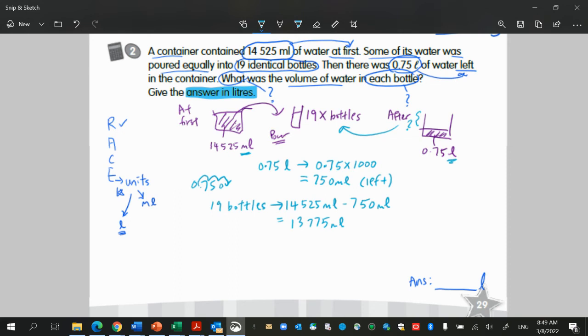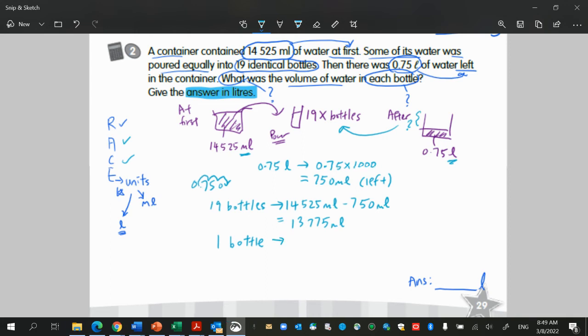Okay, so I've done my annotation. I did some drawing to help me. I'm choosing to convert to milliliters first, and I'm aware of my choice. Now I find my 19 bottles. I have to find one bottle, because each bottle stands for one unit. I can use bottle or I can use U to stand for the unit, as in one bottle is one unit.